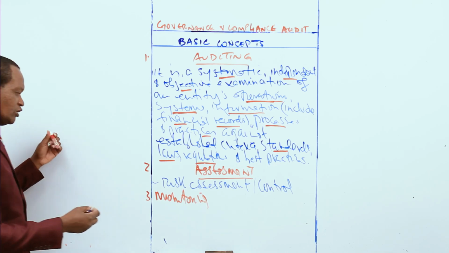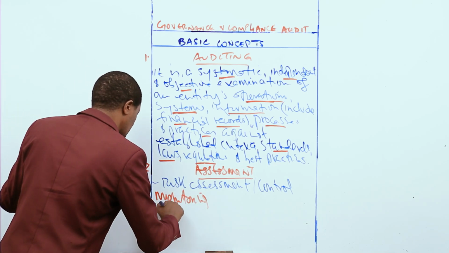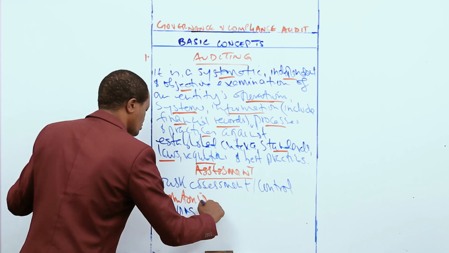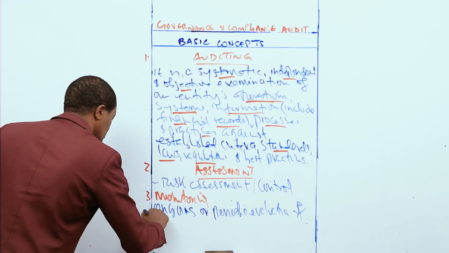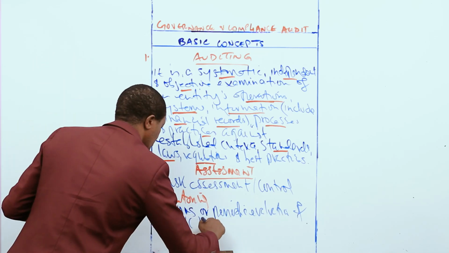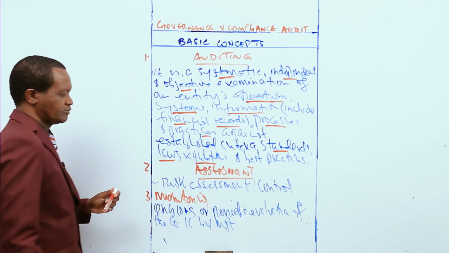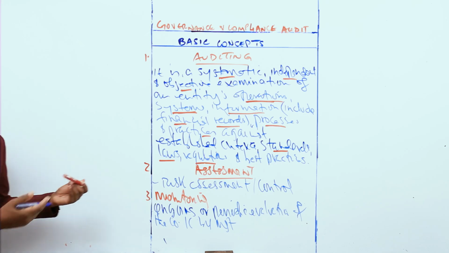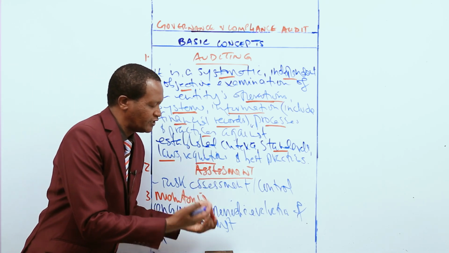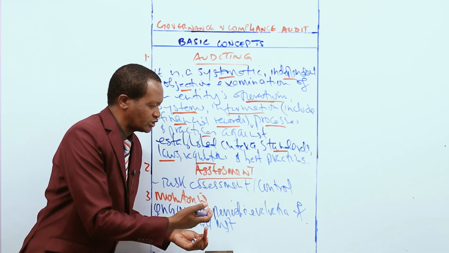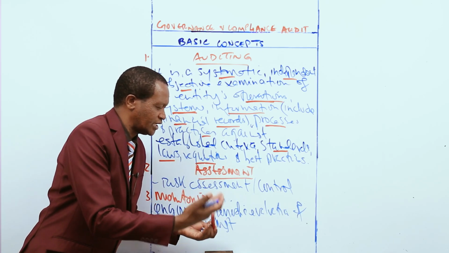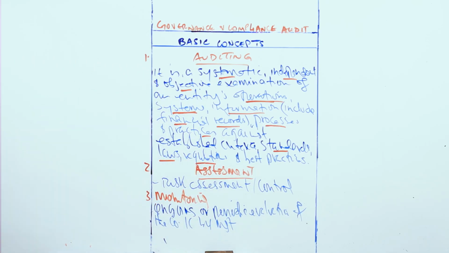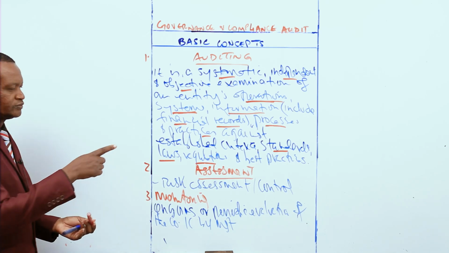The ongoing refers to the ongoing evaluation of the company's internal controls by management to ensure that the internal controls are functioning as intended, to ensure the internal controls, the design and operations, are as planned.